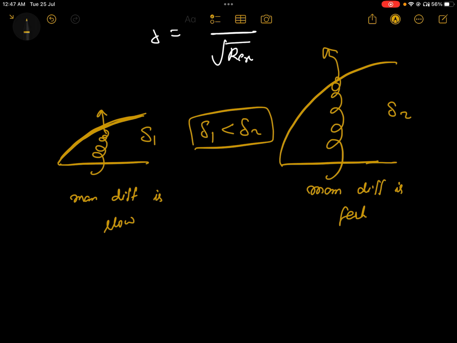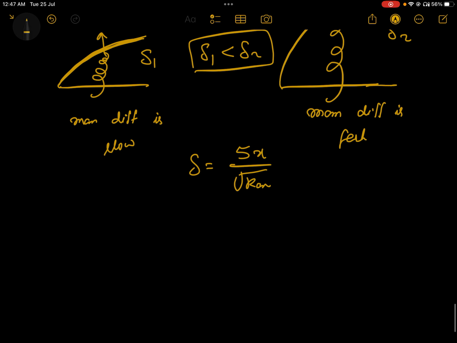Thus, a fluid having more kinematic viscosity nu will form a thicker hydrodynamic boundary layer over a flat plate as compared to the fluid having lesser kinematic viscosity for a given free stream velocity. From the equation, delta is equal to 5x upon root Rex.